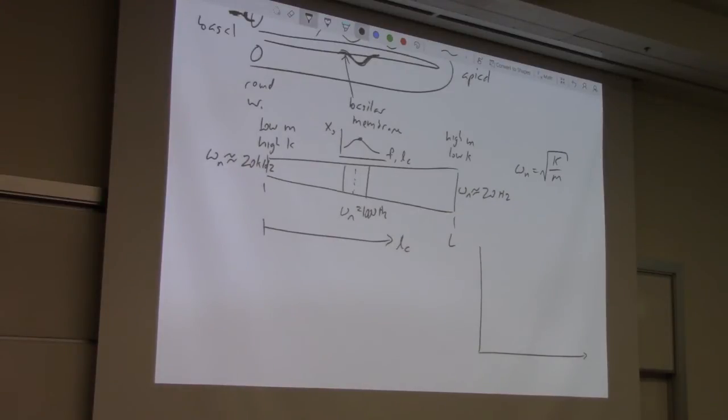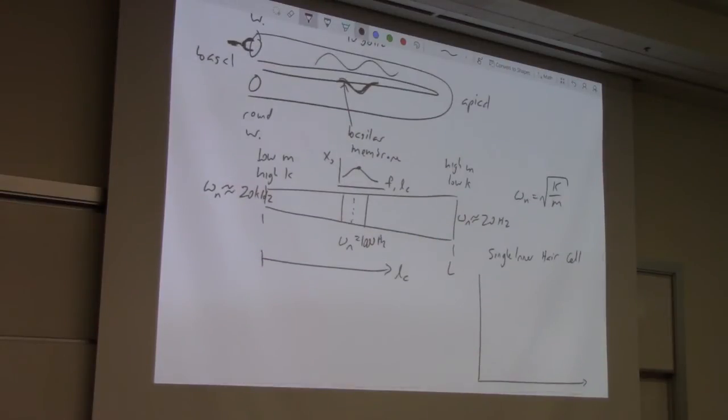Okay, so now we're not talking about a width of the cochlea. Let's just say that we're exactly at one point. So this is for a single inner hair cell. Now let's say that inner hair cell is right here.